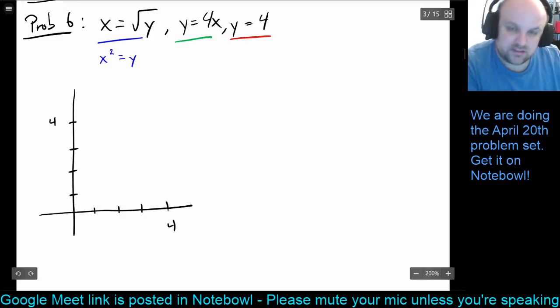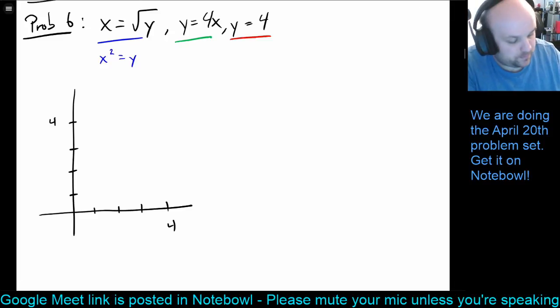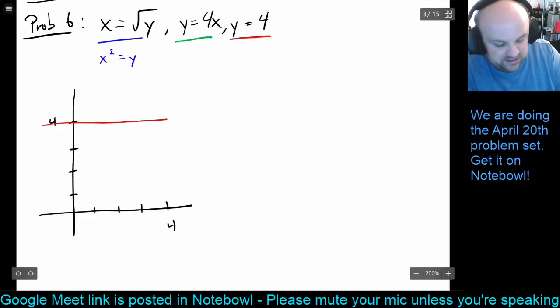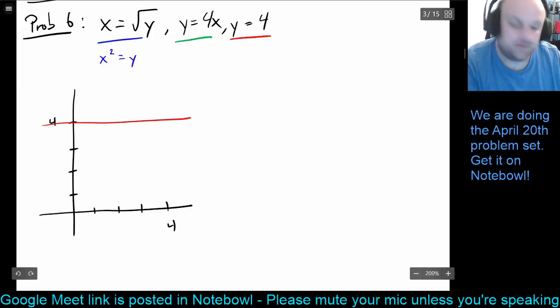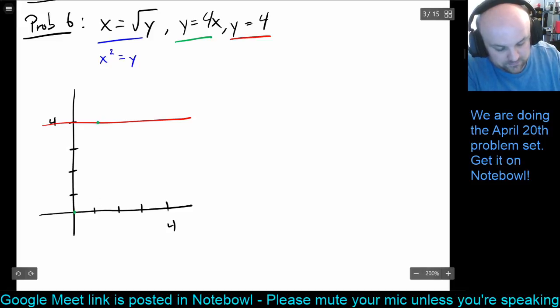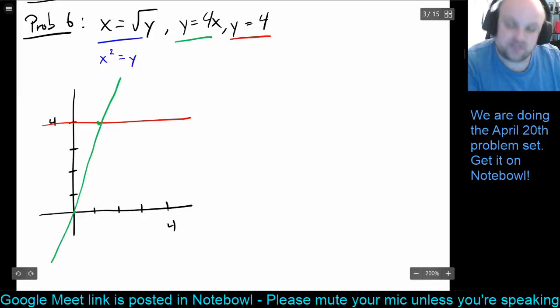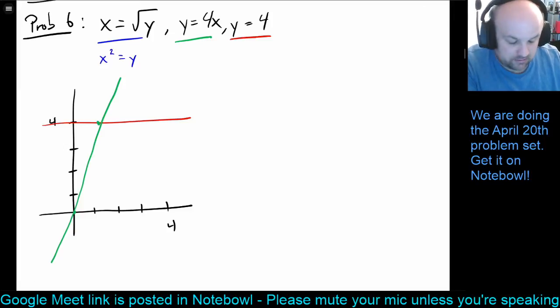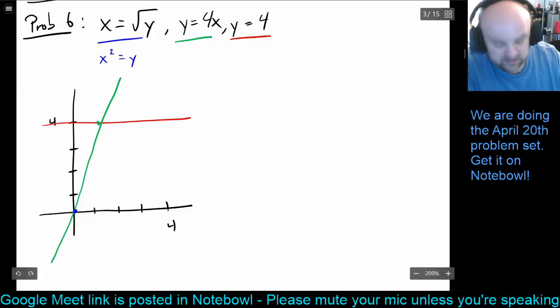Okay, so let's graph everything we have here. So y equals 4, super easy. It's just a horizontal line. Right? y equals 4x. We get 1 here. And we go over 1, up 4. There. So there's that one. And y equals square root of x, or sorry, x equals square root of y. We'll start here.